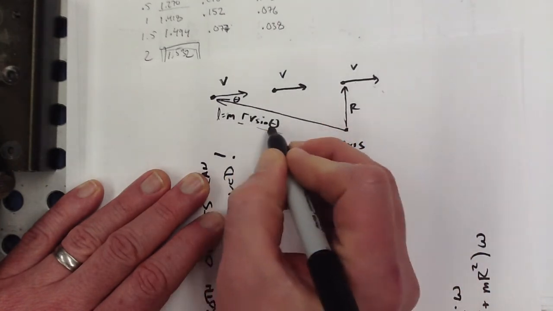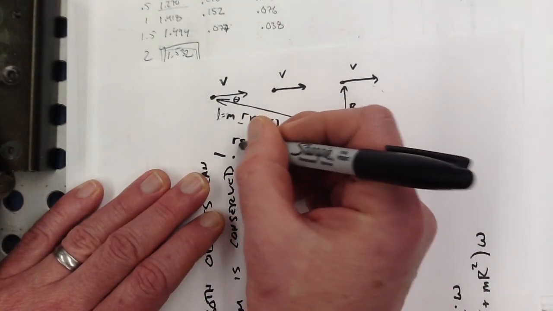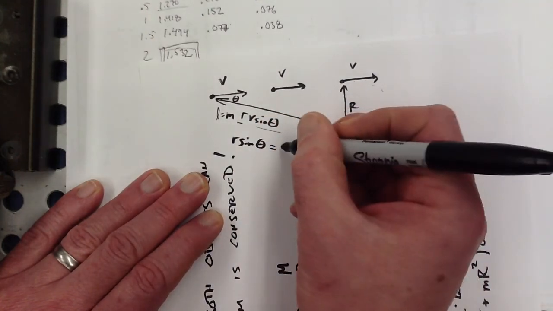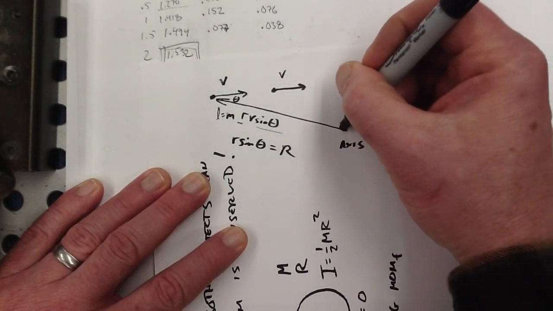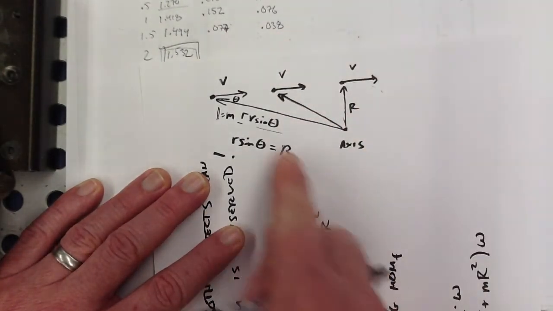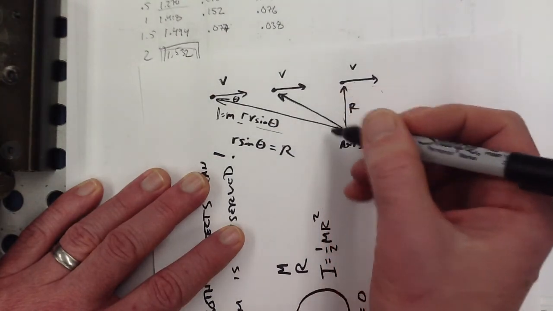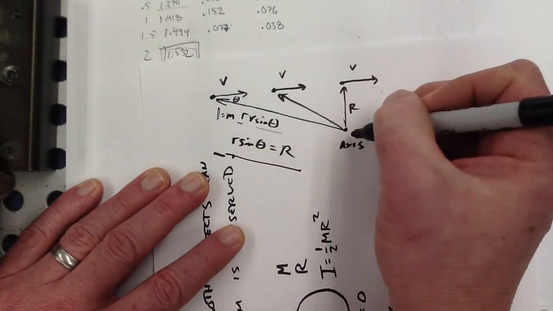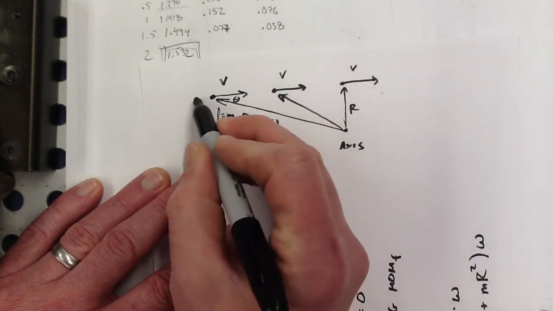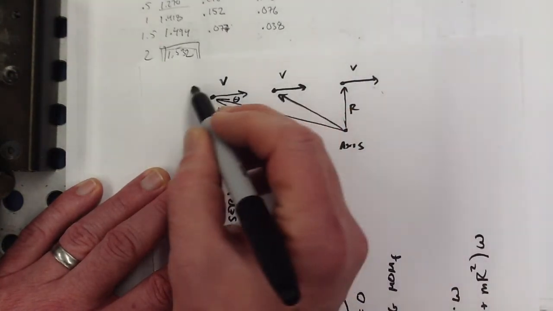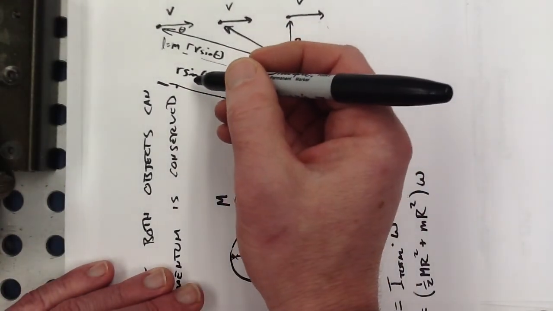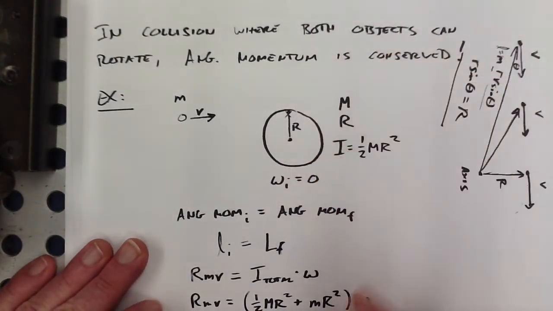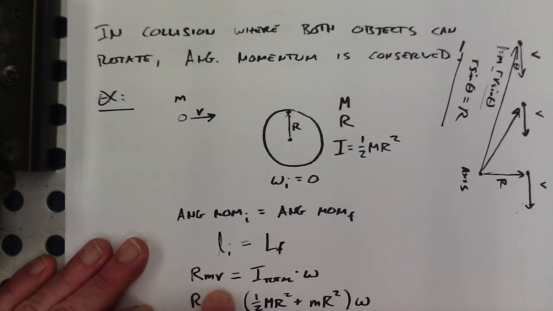So the R sine theta is equal to R. And that means that when the kid's here, you're going to have RMV sine theta again, but the R sine theta is still going to be equal to R. So no matter where the kid is, as the kid runs straight past here, as long as the kid's velocity is not changing, then the angular momentum relative to that axis is always just RMV.